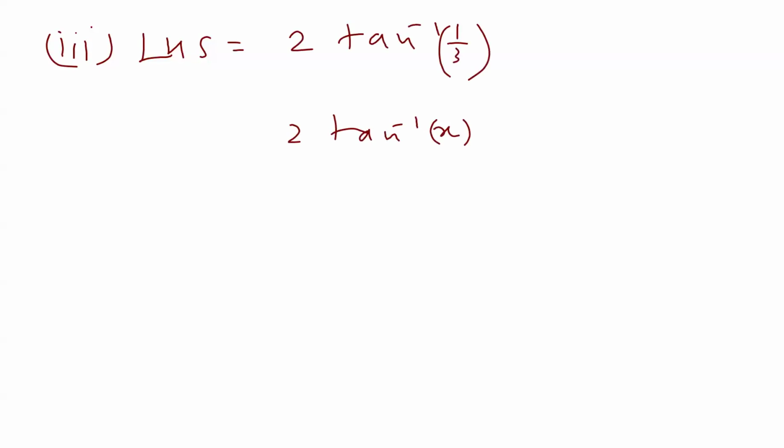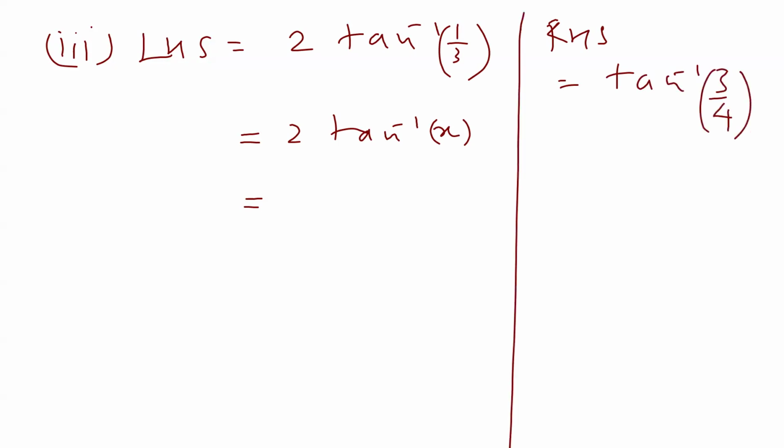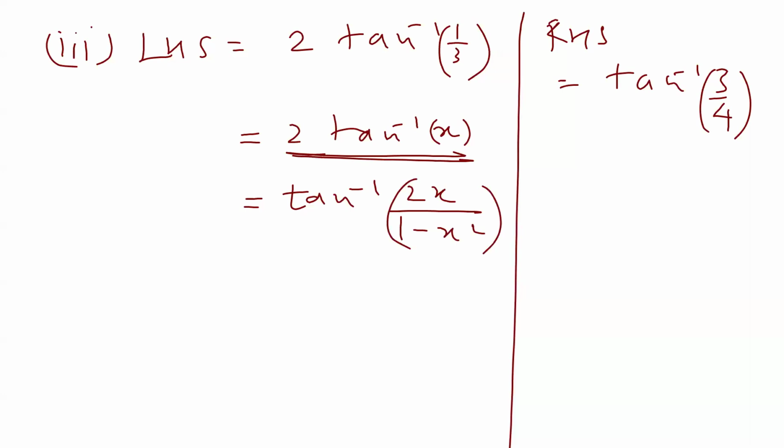Right hand side, I'll just write it for your reference, is equal to tan inverse of 3 by 4. So we can convert 2 tan inverse to tan inverse. We have this formula: 2 tan inverse x is tan inverse of 2x upon 1 minus x square.